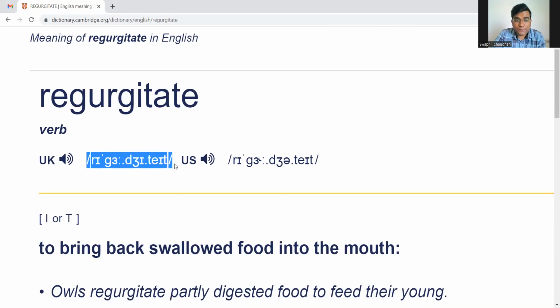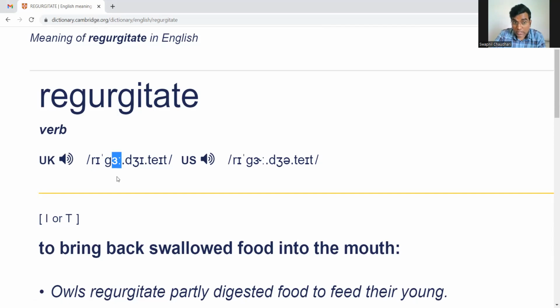IPA script. Okay? So over here, you can see R plus the short E sound, re, and then we have the G and that R sound.